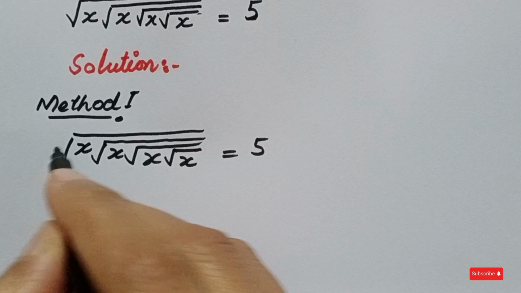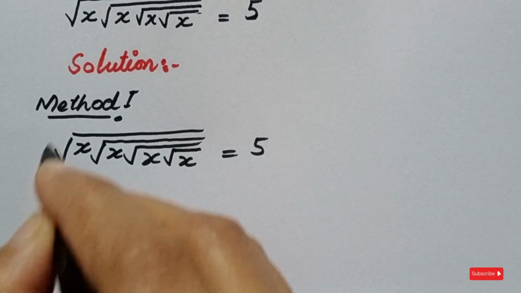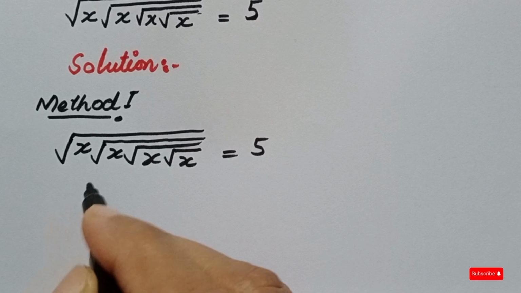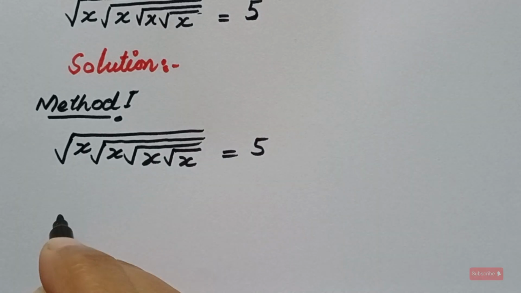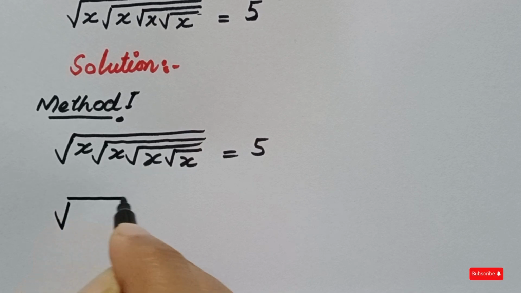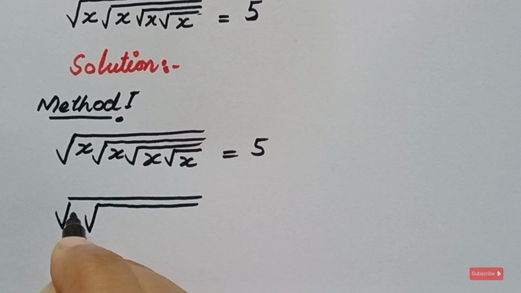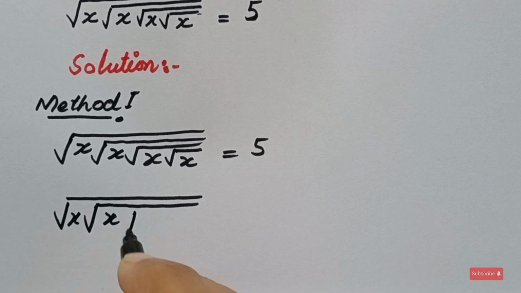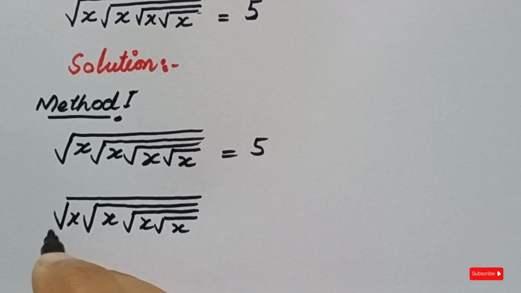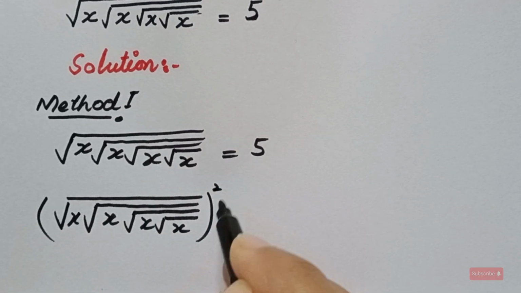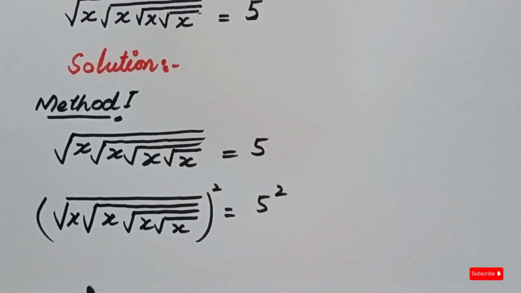Then we will take the square on both sides. Taking the square: the square root of x, then square root of x, square root of x, and then square root of x, whole squared, equals 5 squared.